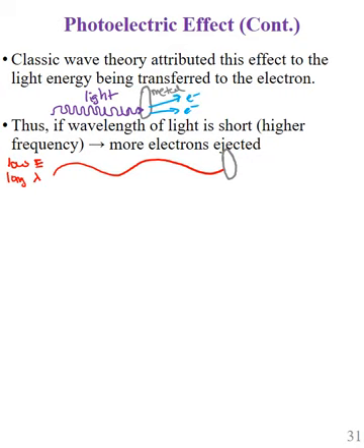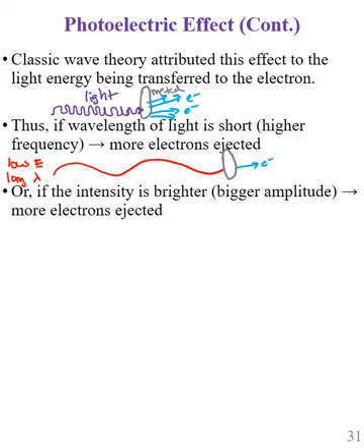According to this, you would get some electrons being ejected, but not as many. So you would get maybe one electron. But if you use a very high frequency, such as that purple light, you would get a ton of electrons.